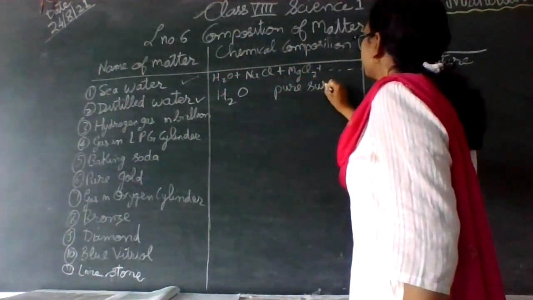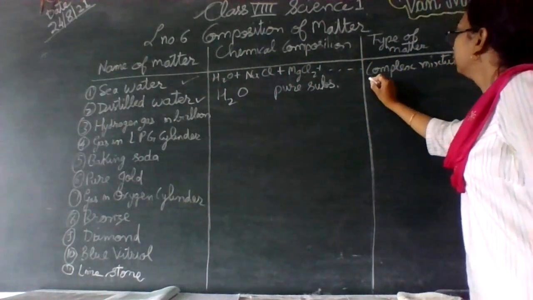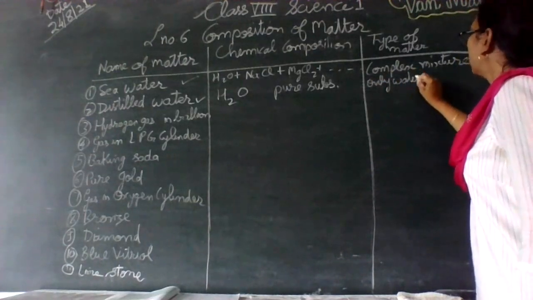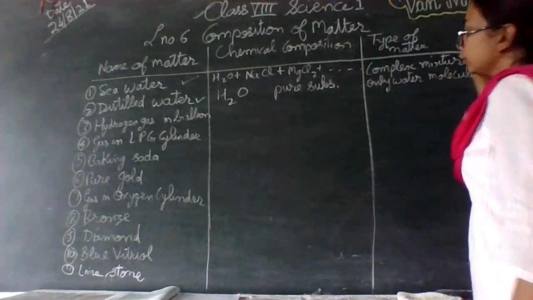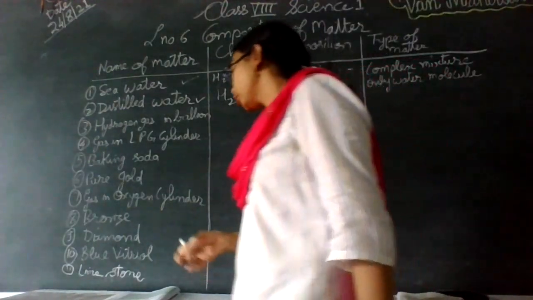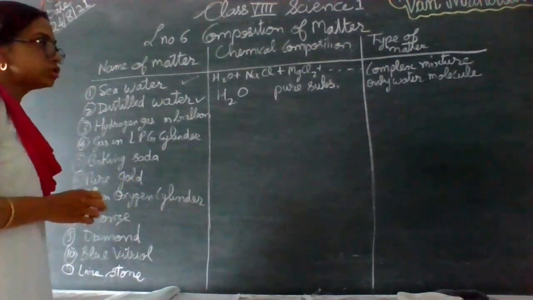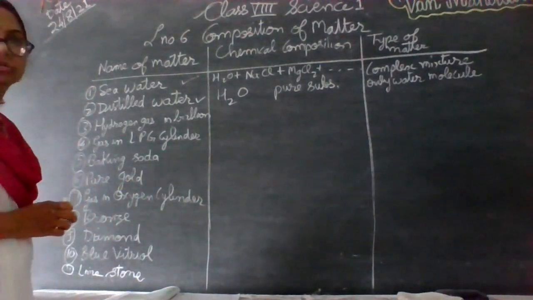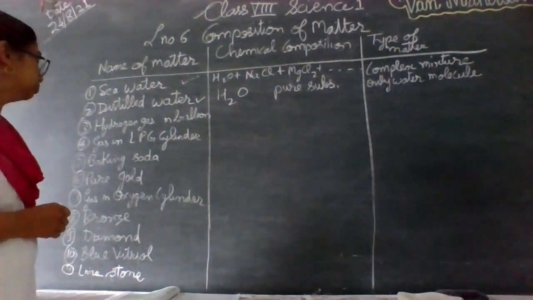And a water molecule is a compound of hydrogen and oxygen, as you all already know. So the type of matter is going to be a compound. Okay. Distilled water is a compound.